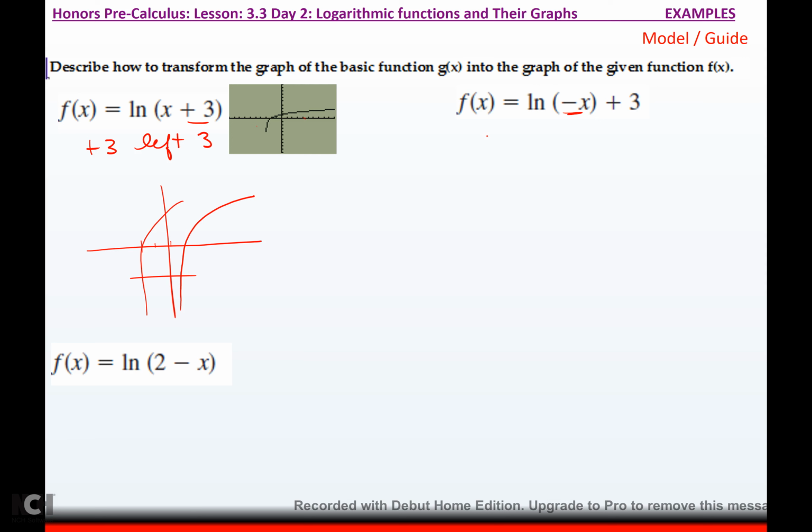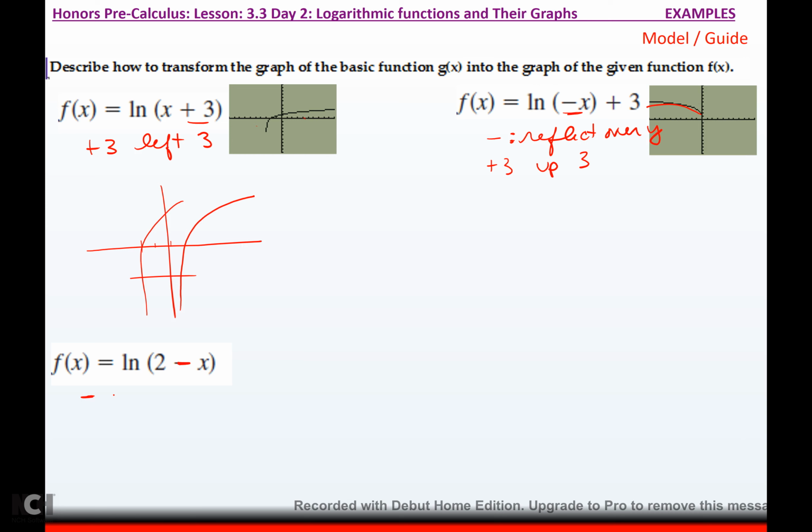Alright, that negative on the inside is going to reflect over y, which means it's going to turn it this way. And the positive 3 means it's going to move it up 3. And if I look at the graph, sure enough, it reflected over y and moved it up 3 units. Okay, this one's going to be the tricky one.